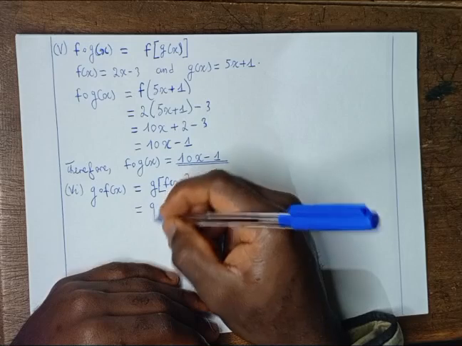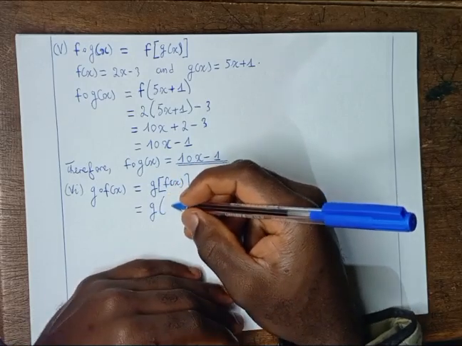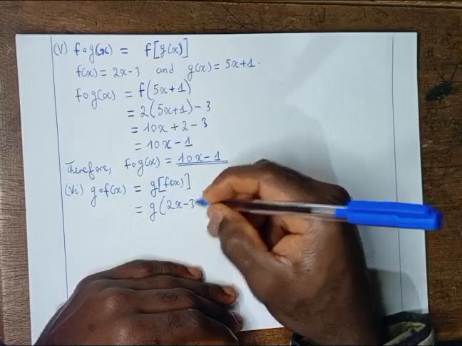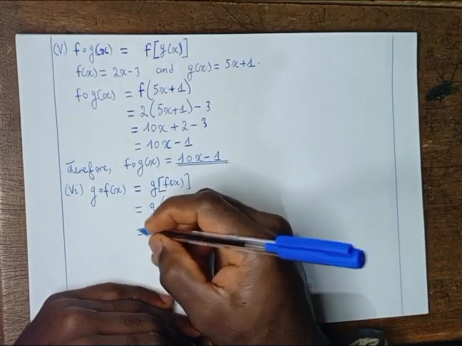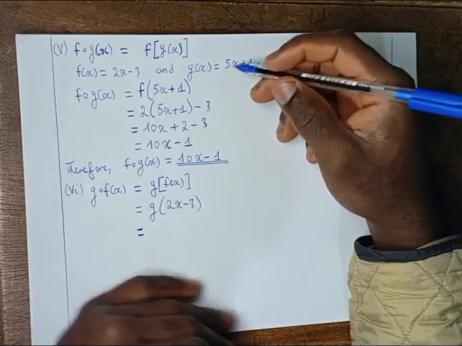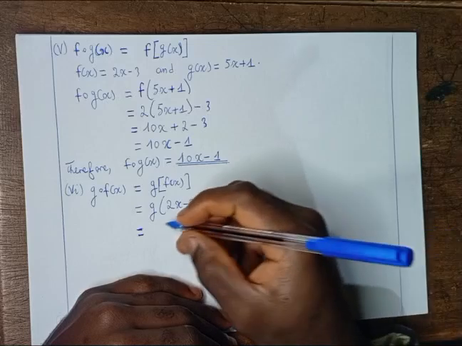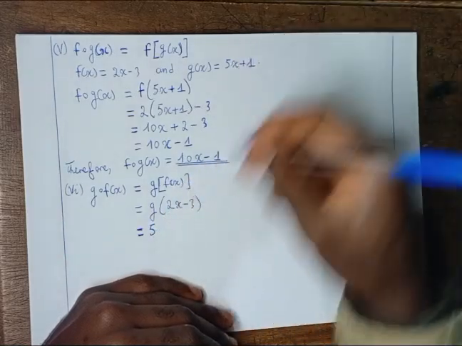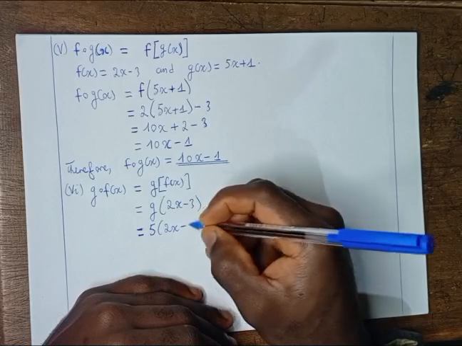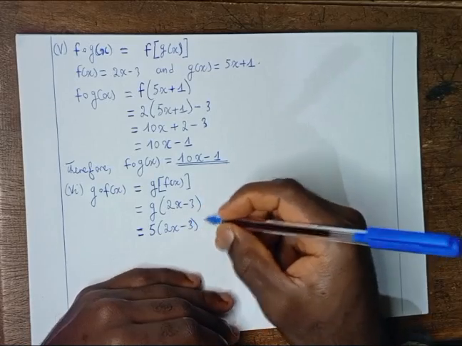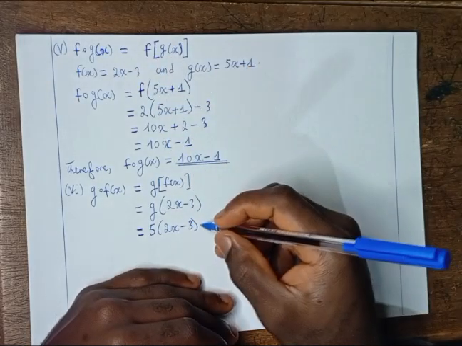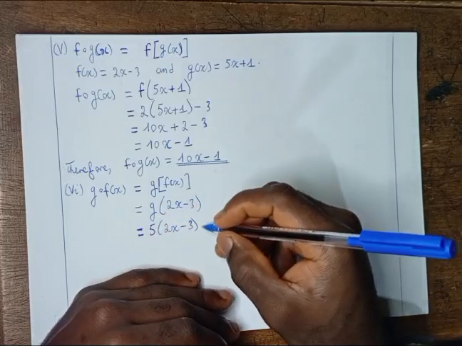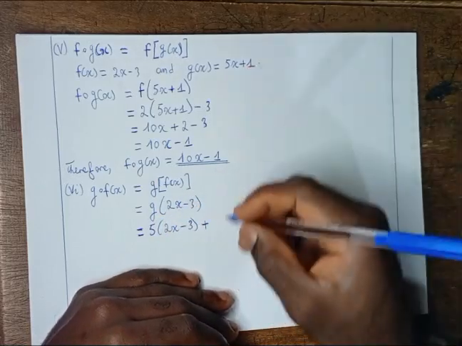So f of x is simply equal to 2x minus 3, and our function g of x is 5x plus 1. So anywhere I see x, I'll replace x with 2x minus 3. This gives 5 times 2x minus 3, plus 1.